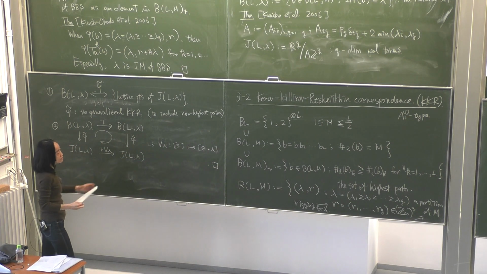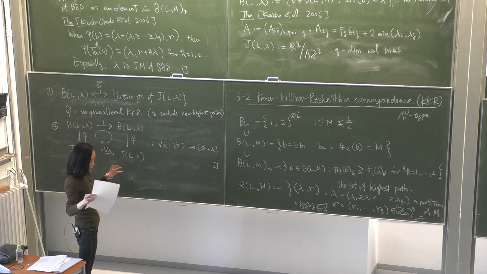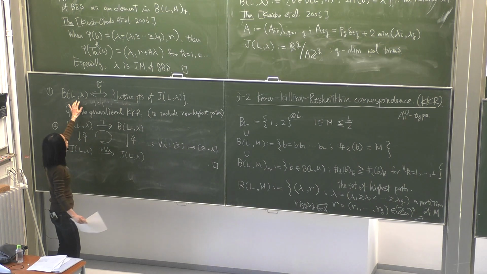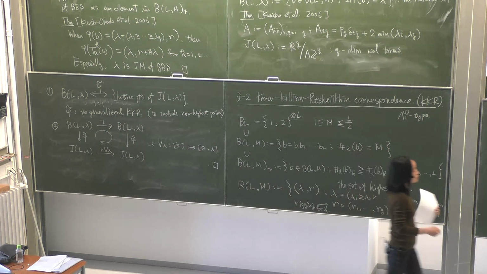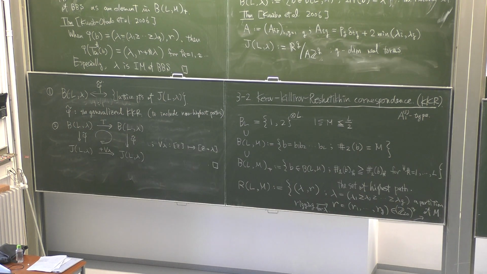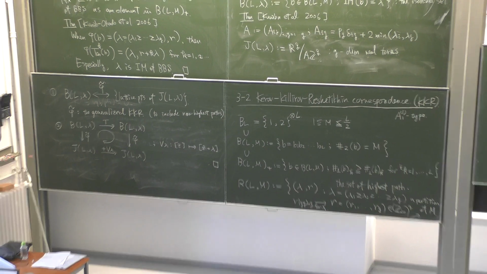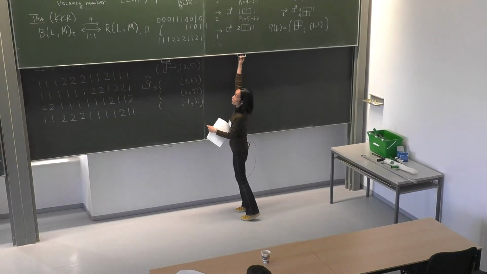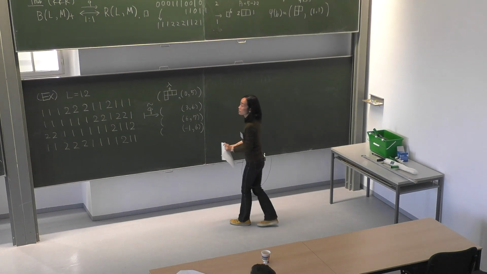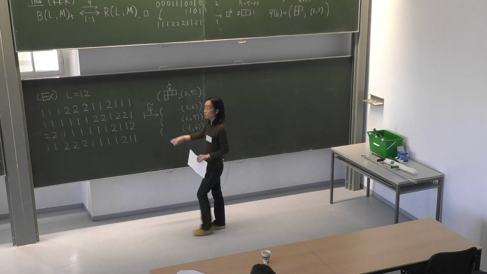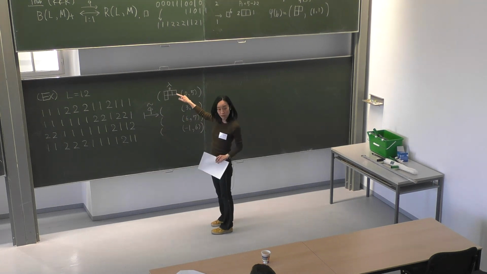So this is our result for the periodic box-ball system. Because the phase space is finite now, we rarely have a one-to-one correspondence between these two combinatorial objects. I show an example here. This is a case that L is 12, and lambda is 3,1.